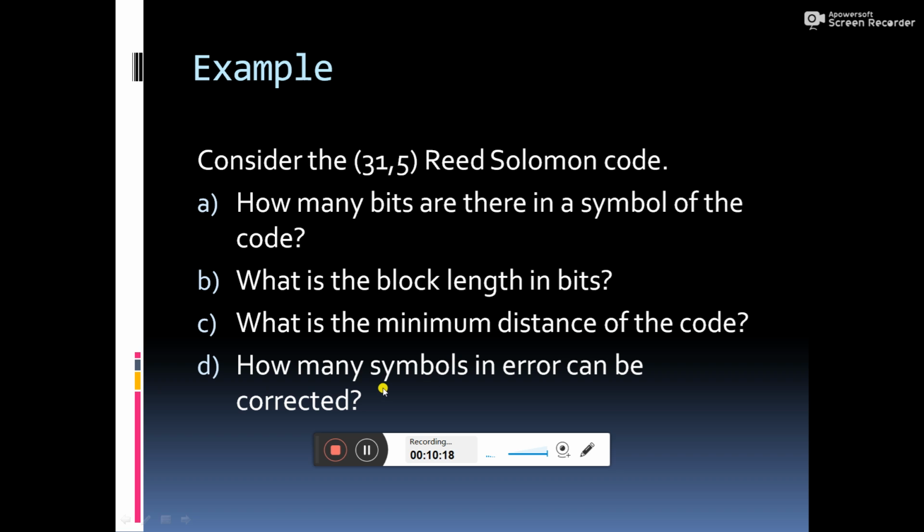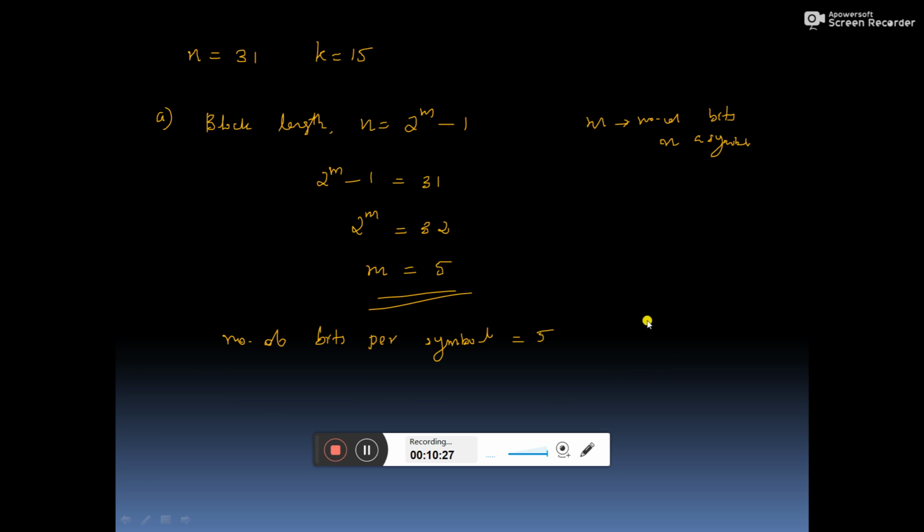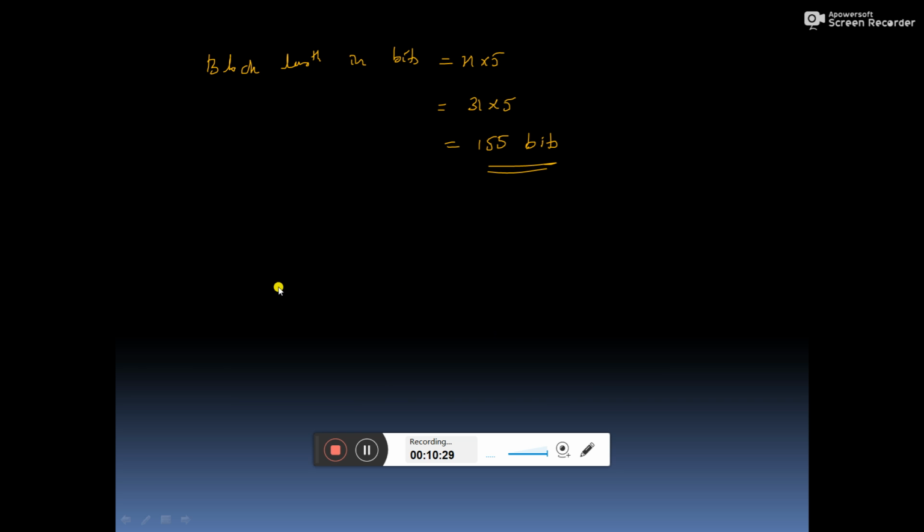Then our next question is, what is the minimum distance of the code? The minimum distance of the code is given by, by definition, d minimum is equal to 2t plus 1, right?